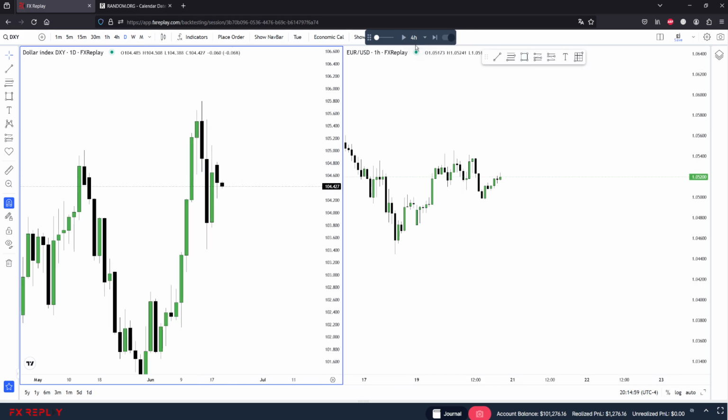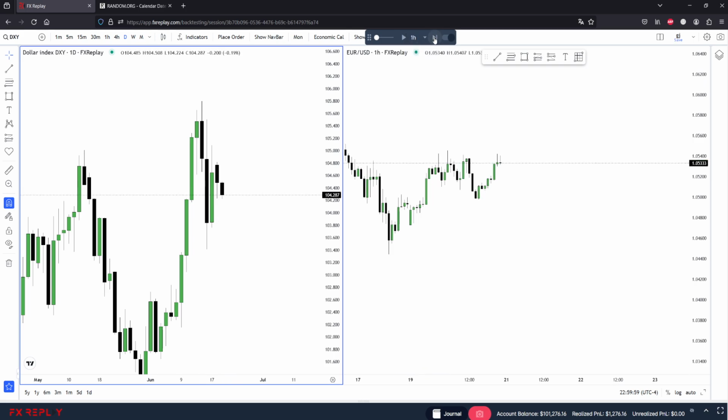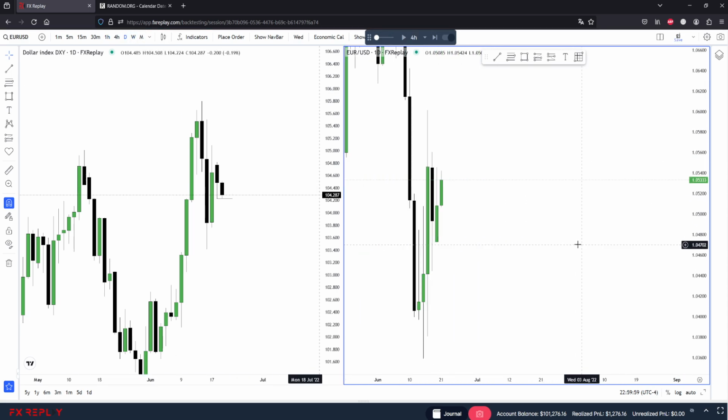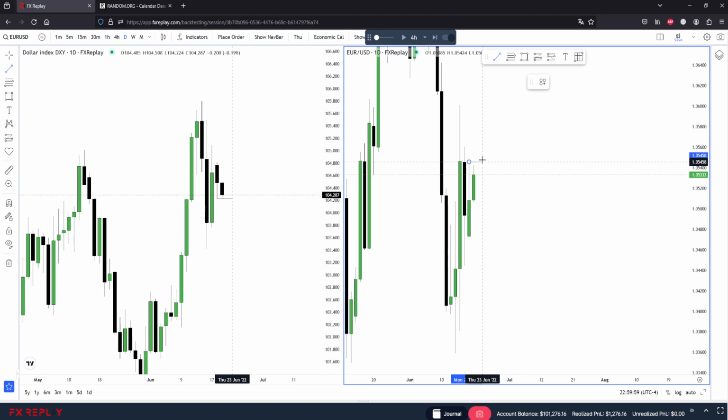That's a Tuesday. Okay, let's skip until we take out a high or a low. Right over here. This one. Let's go to the daily. New daily candle. We've got this one. We've got this one.